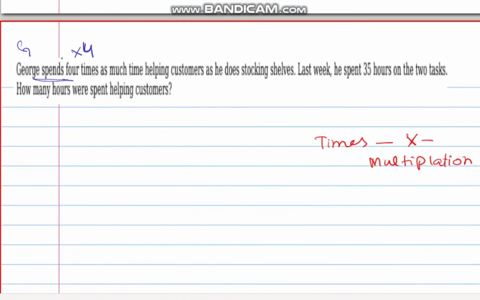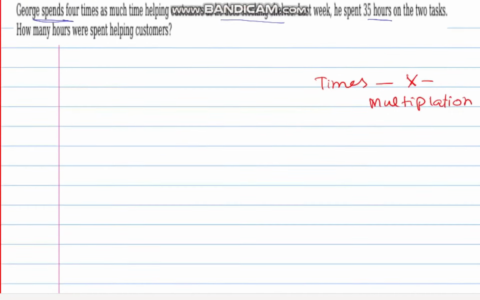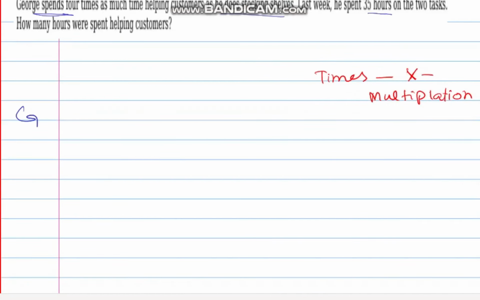Now George spent 4 times as much time helping customers as he does stocking shelves. Last week he spent 35 hours on the two tasks. How many hours were spent helping customers? Very good. So basically this is George. George does two tasks, two works.